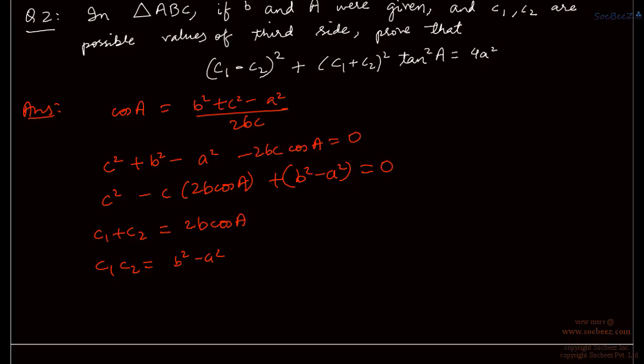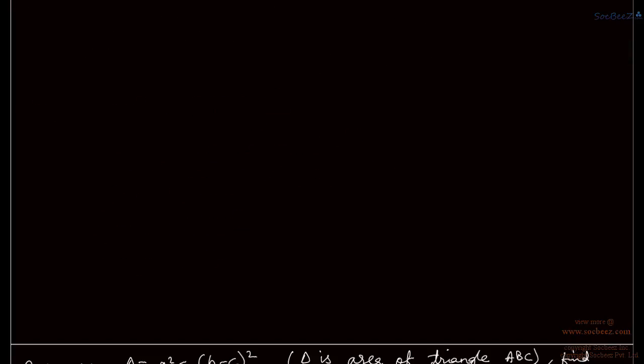So now that we have obtained this, let's try and substitute them in the left hand side of the required condition. Hence LHS is c1 minus c2 whole squared plus c1 plus c2 whole squared into tan squared A.